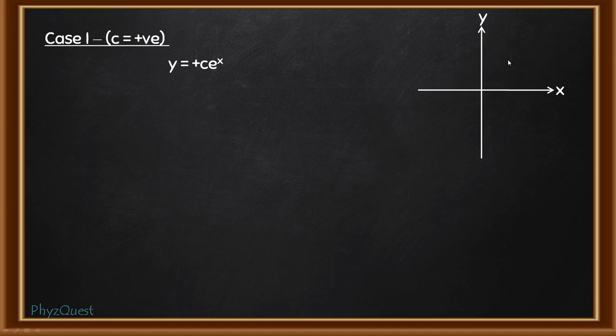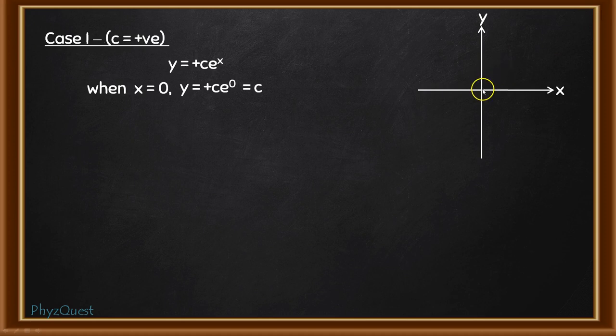Okay, and we are considering this for when the constant is positive. So for positive constant value, we will check for different values of x from minus infinity to 0 to plus infinity. So let's do that. So when x is equal to 0, y will be equal to plus c e to the power 0. Now e to the power 0 is equal to 1. So this will be equal to plus c, basically the positive constant c.